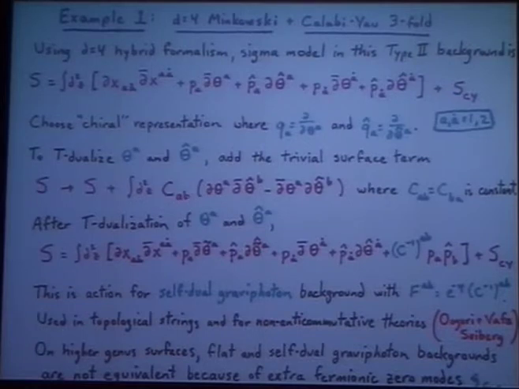So in this case, I'm going to choose C_AB to be a constant. So A and B, remember, are just a chiral two-component index. So if C is symmetric, this is just a self-dual tensor. So this is the term I'm going to add. And after T-dualization, it's easy to see that what you get is an extra coupling of p p hat. So you just proceed and do the same Buscher procedure as before.